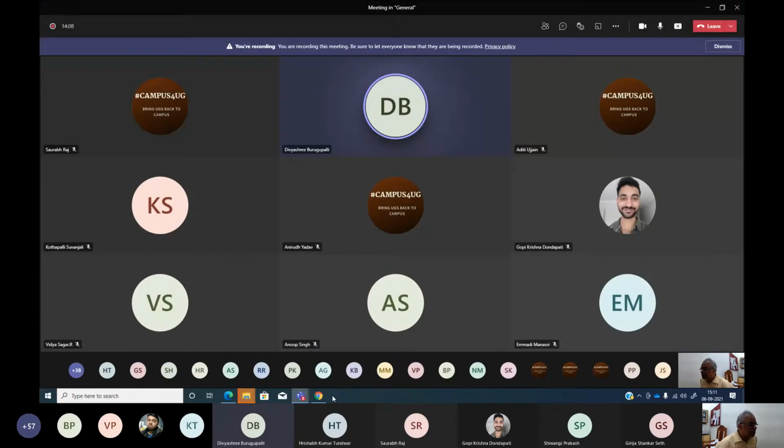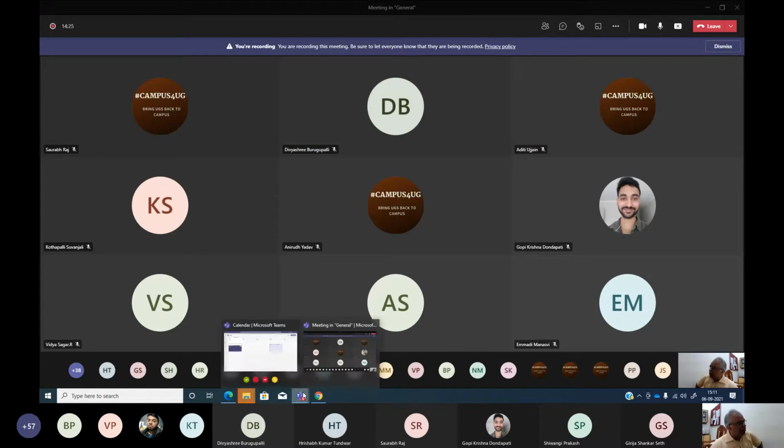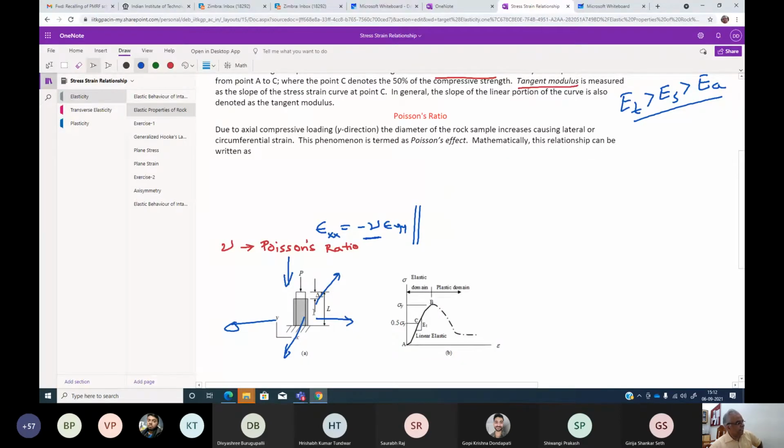Because if the axial strain is increasing, the lateral strain will be negative, so it will make the ratio positive. If the axial strain is compression, lateral strain will be in tension, or vice versa. If axial strain is tension, then lateral strain will be in compression.